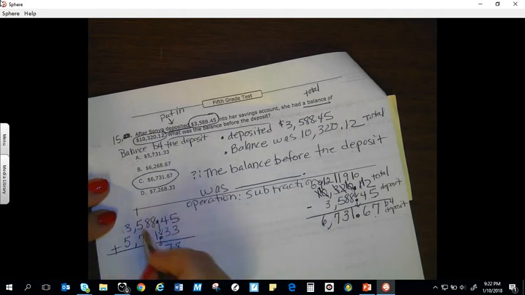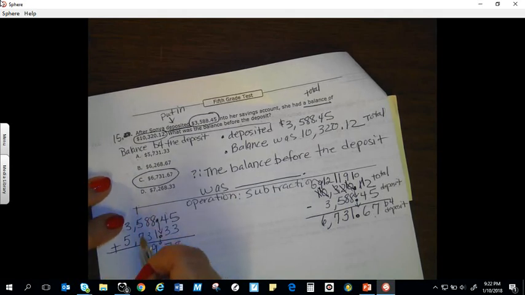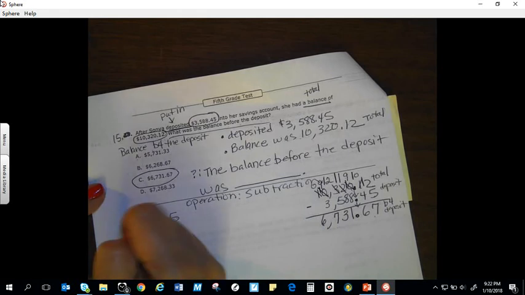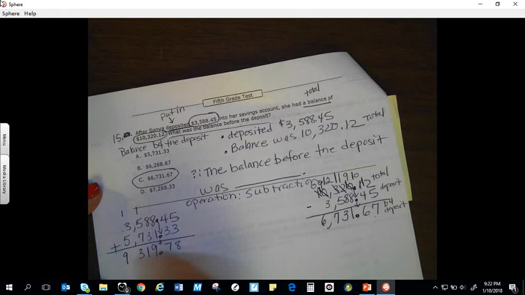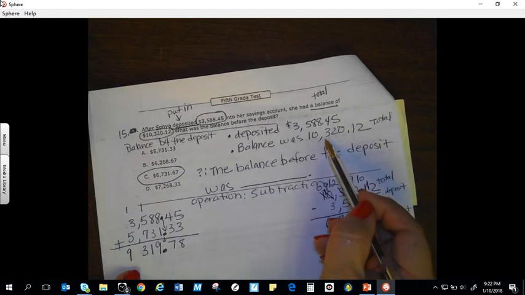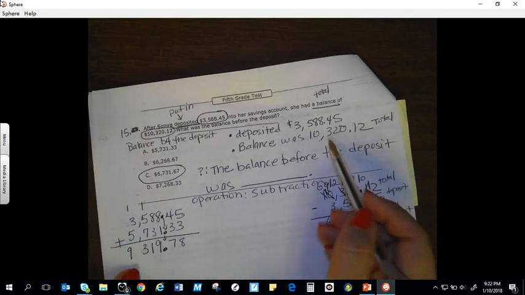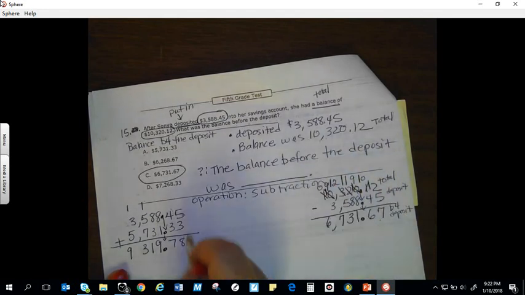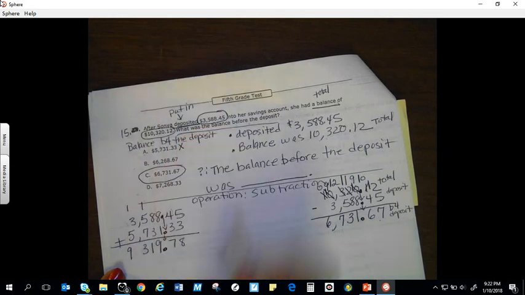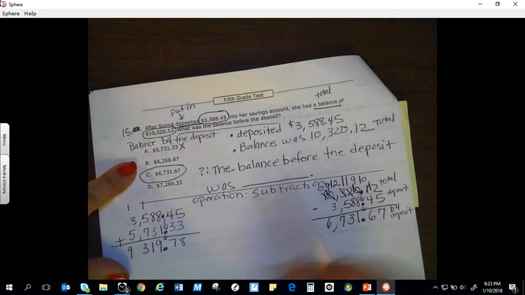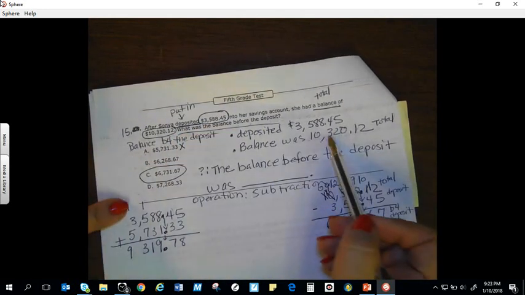Carry my 1. 5 plus 1 is 6. 6 plus 7 is 13. Carry my 1. 5 plus 3 is 8, plus 1 is 9. So it's nowhere near 10,000. Well, it's near 10,000, but it's not exact. So this is not a possibility. And I'm going to continue doing it until I reach the 10,320.